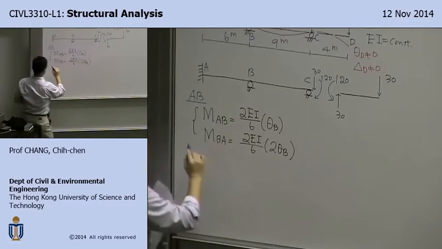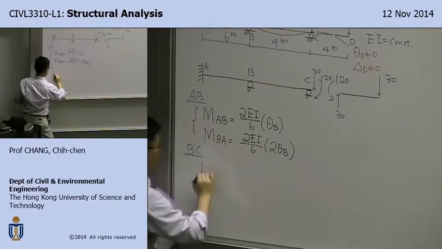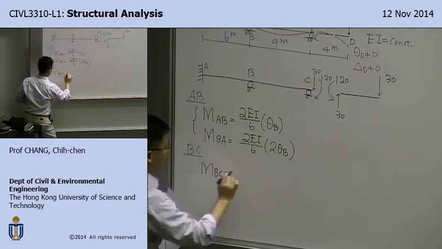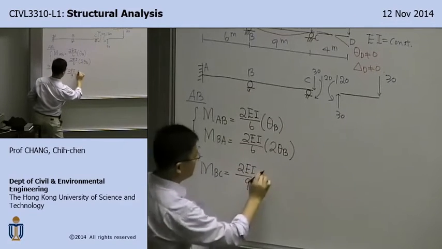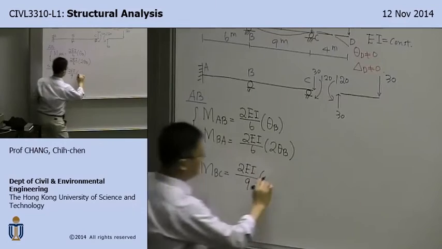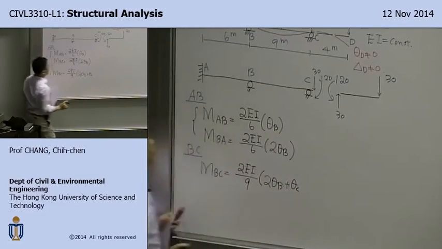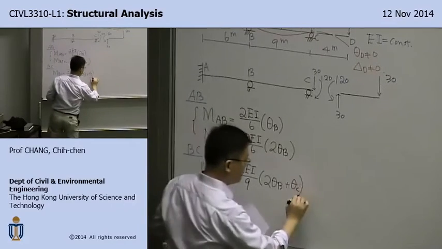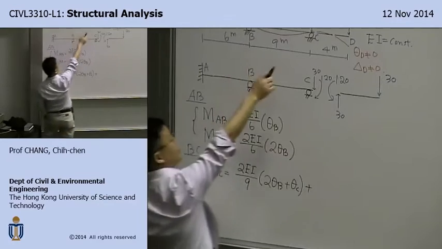And BC. So M_BC, 2EI over L, which is 9. 2 times theta B, 1 times theta C. No rigid body rotations. We do have a fixed end moment because there's a loading there.